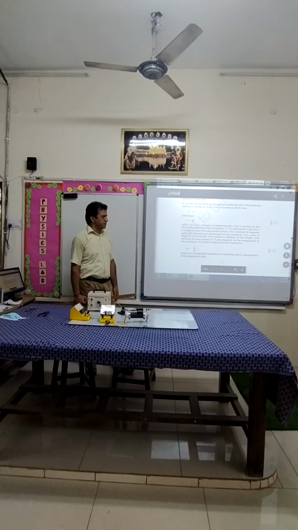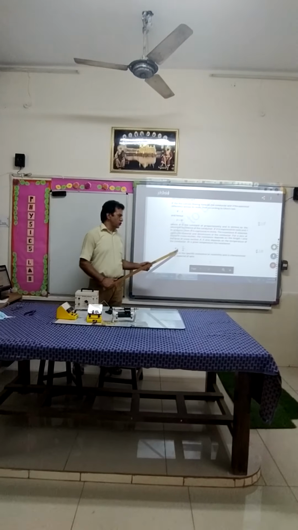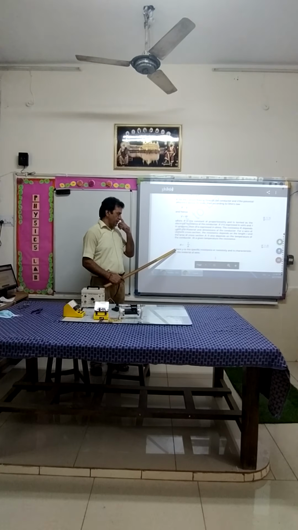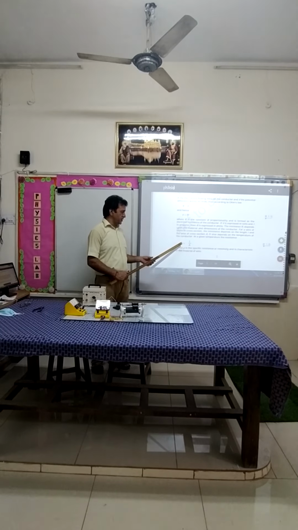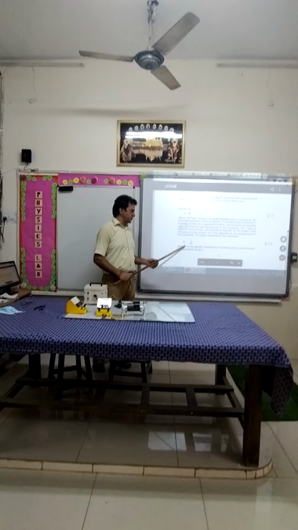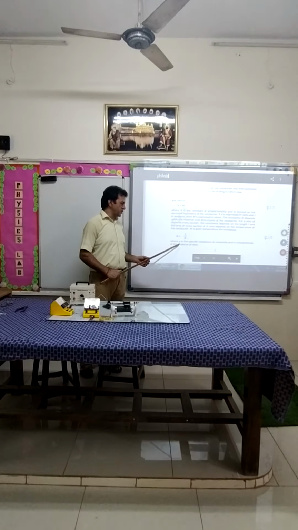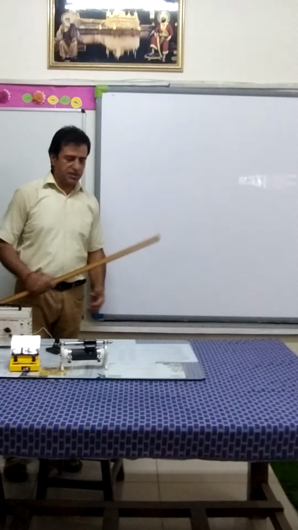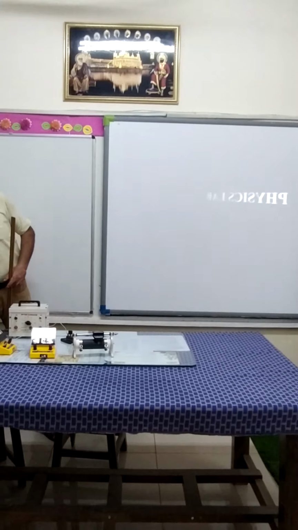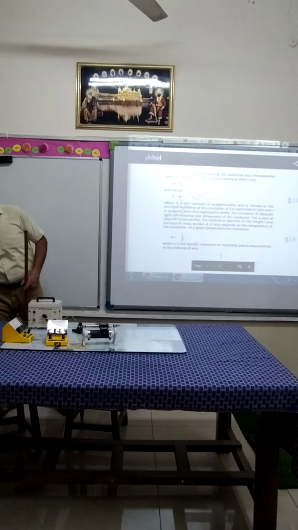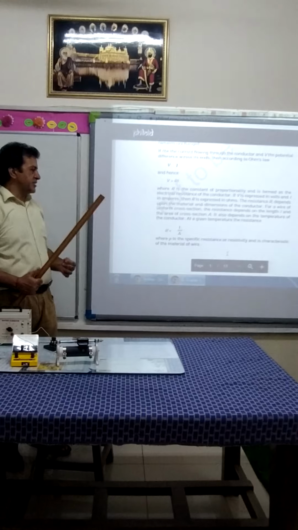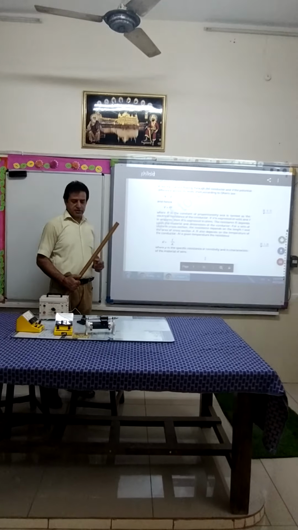So for a given temperature, R is proportional to L upon A. If we replace the proportionality sign by an equal sign, we take a constant rho. Rho is the specific resistance or resistivity, and is a characteristic of the material of the wire.